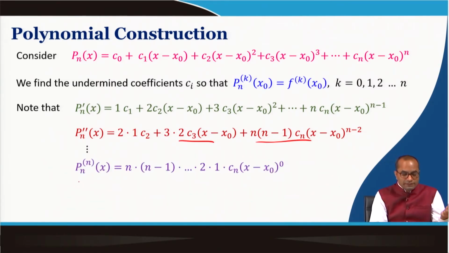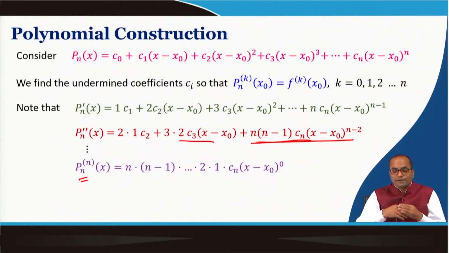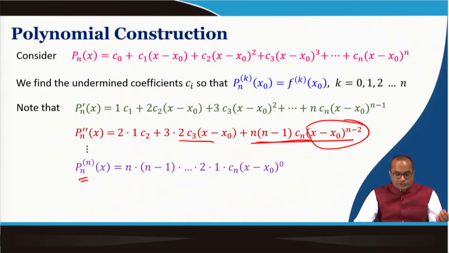So for the nth order derivative, if we continue, we will have only the last term, all other terms will vanish, and there will be no x term because it was an nth order polynomial and we are taking the nth derivative.